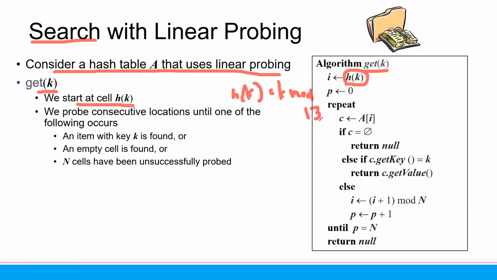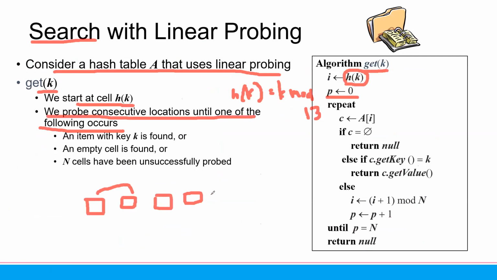Okay, and then let's start with p equals 0. So we probe consecutive locations until one of the following occurs. When we say probe, it means we go to index 0, then index 1, index 2, index 3.